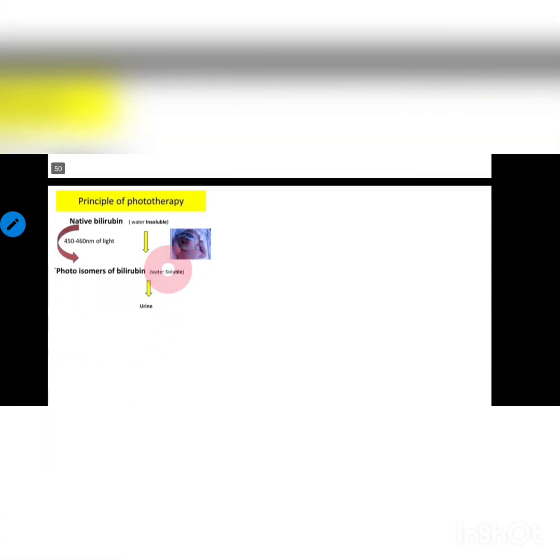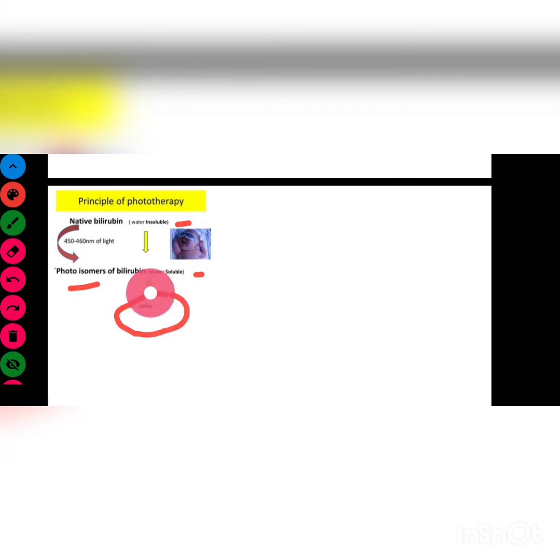And the principle of phototherapy: native bilirubin is water insoluble, right? And photoisomers of bilirubin are water soluble. So phototherapy helps to convert the native bilirubin to photoisomers of bilirubin, so it can be excreted through urine. So we provide light of 450 to 460 nanometer wavelength.